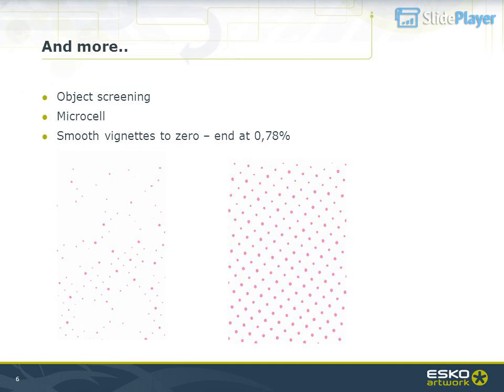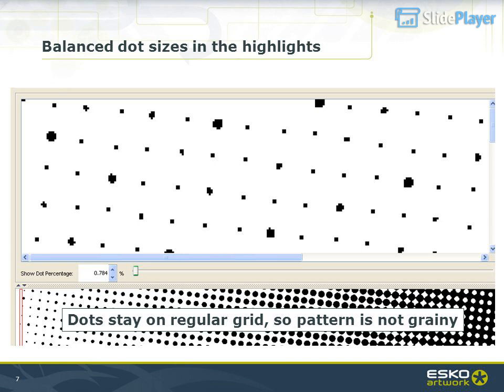This is because the RIP is mixing grey level 0% - 0.38% minus 0.78% below, which causes 0% holes at the vignette end. These holes destroy the self-supporting structure of the HD Flexo screening dots and lead to dirty printing at the end of vignettes.